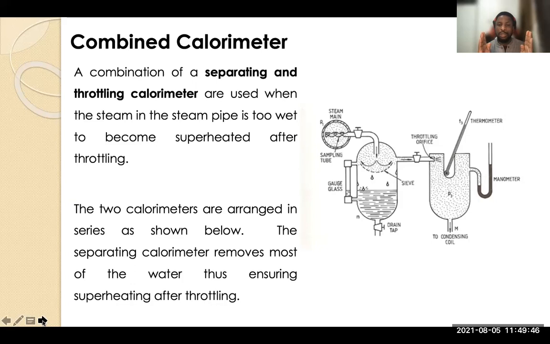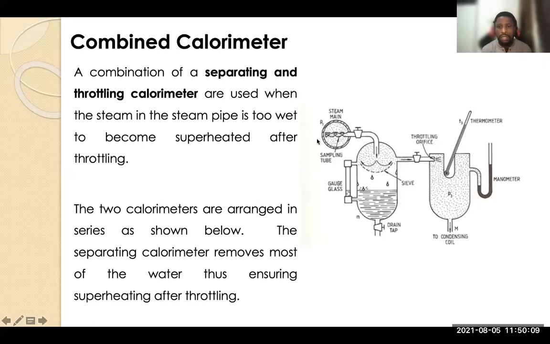What that tells you is that by the time the steam comes out from the last end, it should be dry. Of all the three calorimeters, it should be obvious now that the one that measures dryness most accurately will be the combined calorimeter.